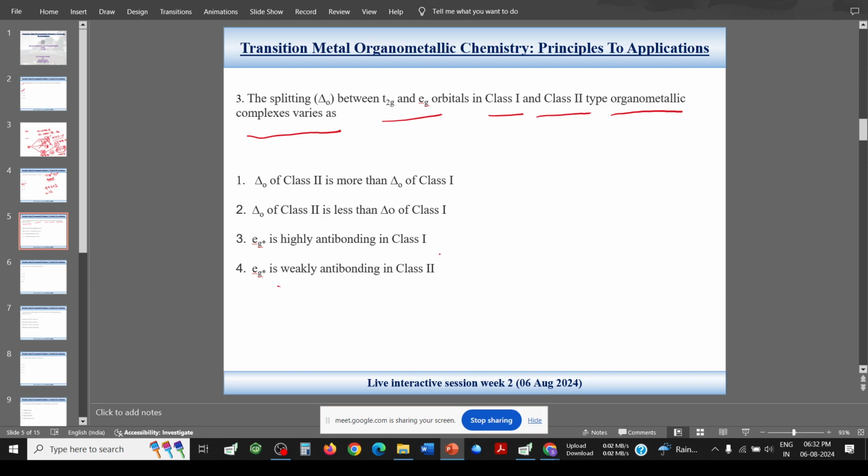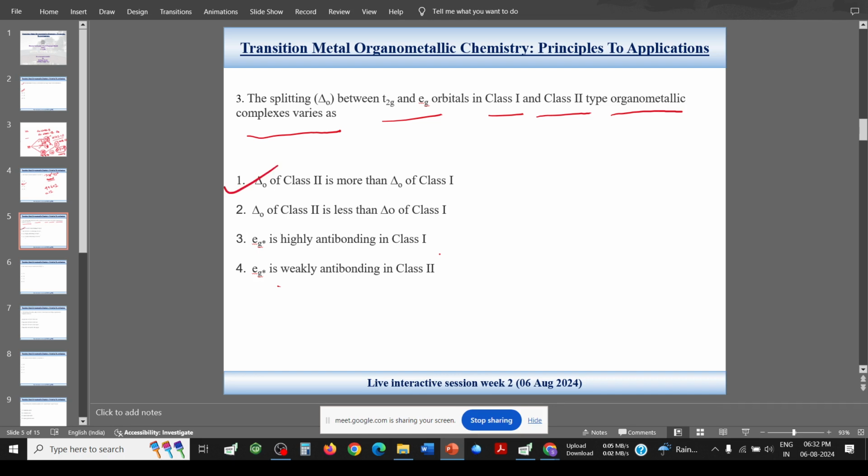Delta 0 of class 2 is more than delta 0 of class 1, and why, we have already discussed, because of the 4d and 5d metals. This is the only answer. Which option is correct? The first one.